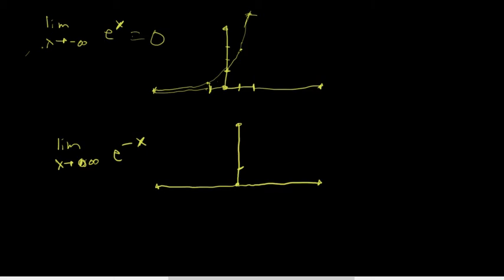This is e to the x, this is e to the negative x, or 1 over e to the x. So this is the same thing as the limit as x tends to infinity of 1 over e to the x.